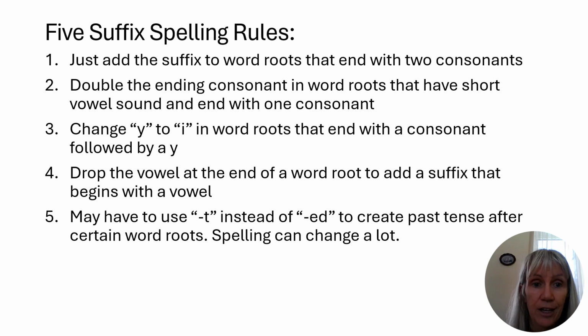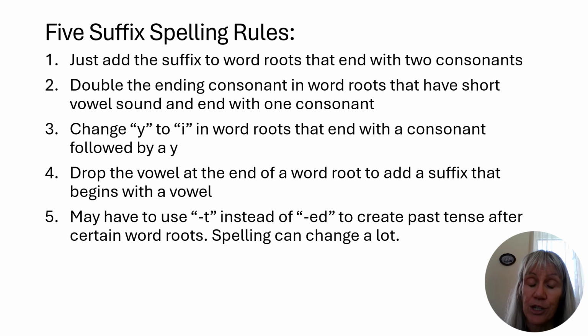Number 1, just add the suffix to word roots that end with 2 consonants. No changes are needed. Number 2, double the ending consonant in word roots that have a short vowel sound and end with 1 consonant.